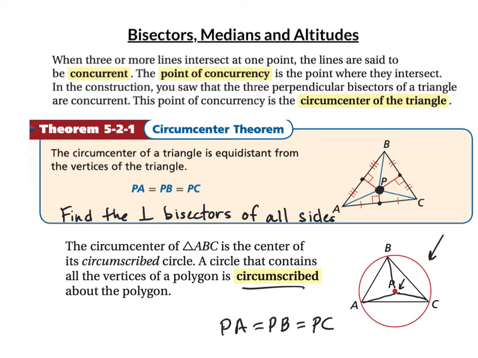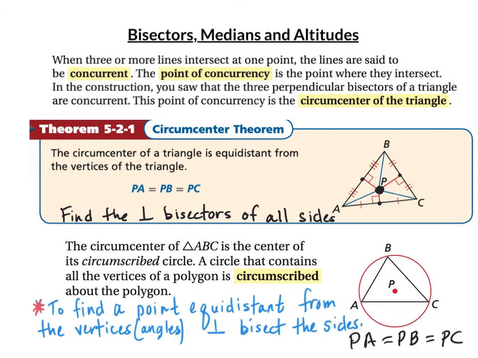And using that as a radius length, I can draw a perfect circle. Normally, I always, at the end of the year, do this construction with students. But what you need to know is that the circumcenter is the point that's equidistant from the vertices. And to find a point equidistant from the vertices, you perpendicularly bisect the sides.